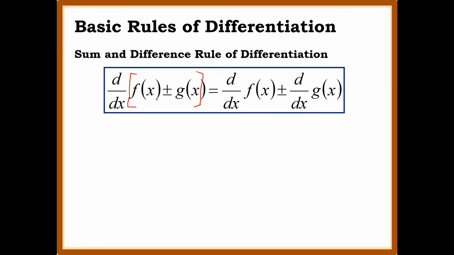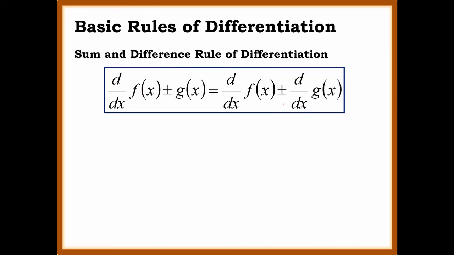Pero applying this rule, pwede nating in a way i-distribute si derivative operator both terms, if ang operation between the two functions is addition or subtraction. So, ang nangyari, d over dx, tapos ni f of x, plus or minus kung ano yung operation sa gitna, derivative over dx naman ni g of x. Okay? Kapag ginawa natin to, we can simplify our equation. And we can solve it better.